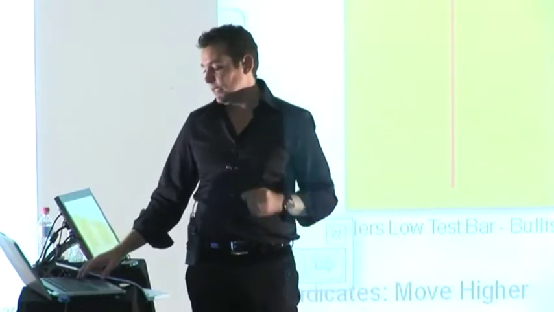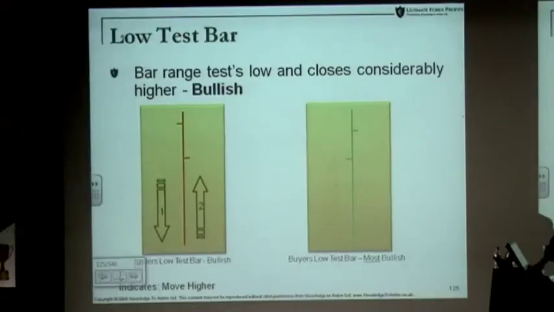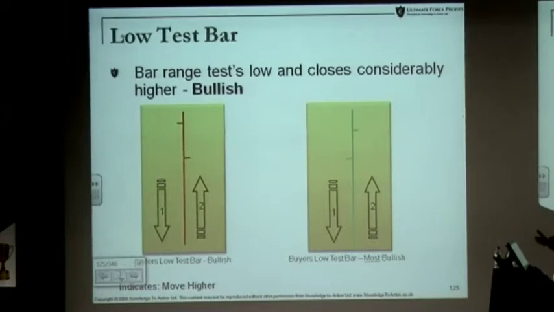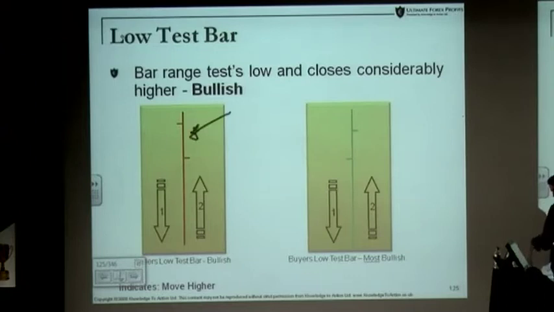Let's have a look at what it might look like. It could be either a red one or it could be a green one. It doesn't matter. It could be a seller's low test bar, or it could be a buyer's low test bar. This one, even though the bar itself is a seller bar, it is still considered bullish.